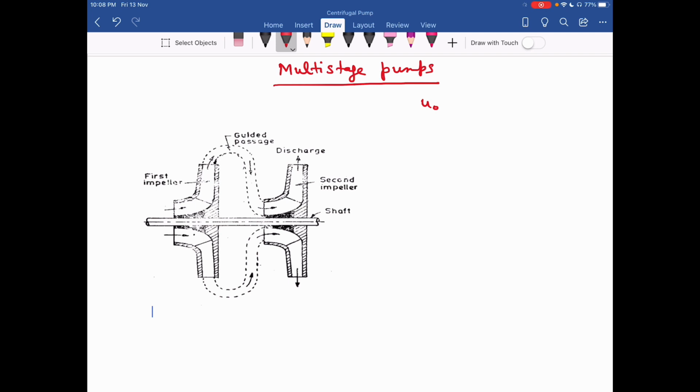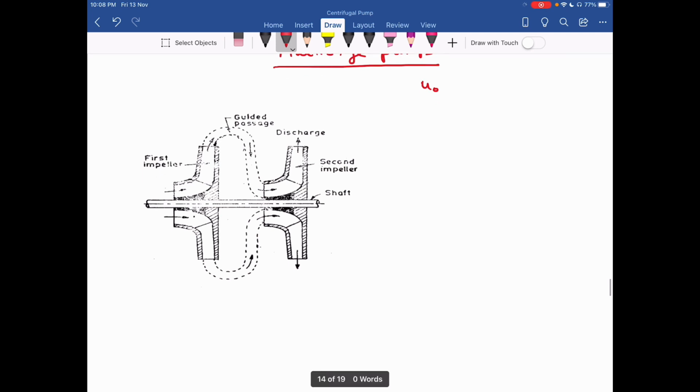Now you can also see in this diagram, okay, so we have the first impeller over here. Water enters from this side, okay. So water comes out from the impeller, then it goes to the guide vanes. Here is the row of guide vanes.